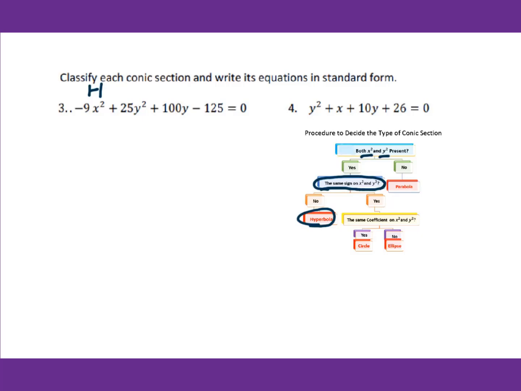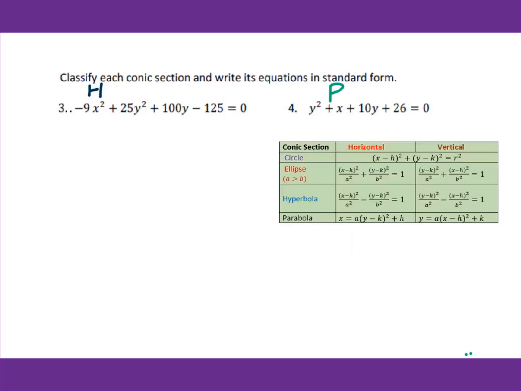For number 4, it will be parabola because we don't have both x squared and y squared in this equation. That's why we put the P. For hyperbola, this is the standard form.